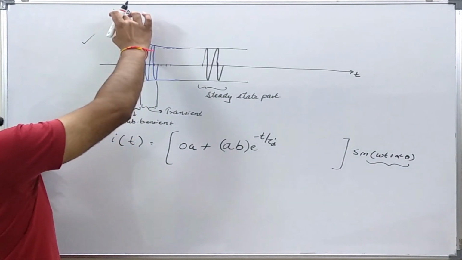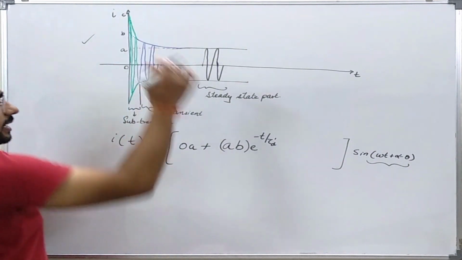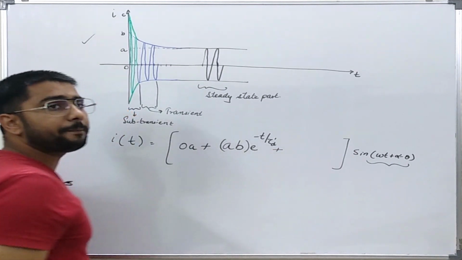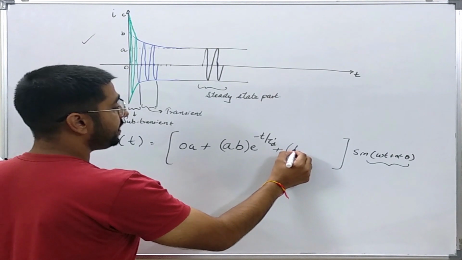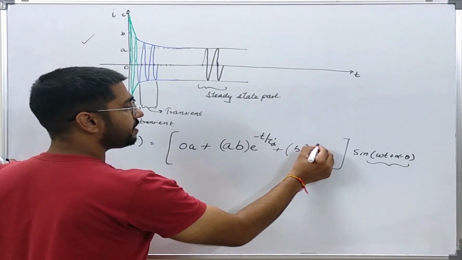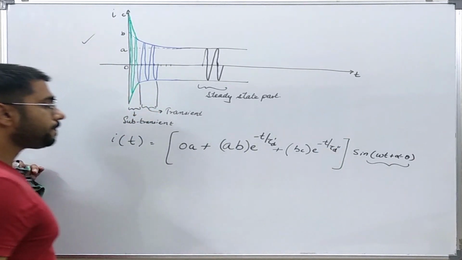Similarly, this BC will decay exponentially with a time constant depending upon the damper winding and eddy currents. This is going to be BC e to the power minus t over tau d double prime.